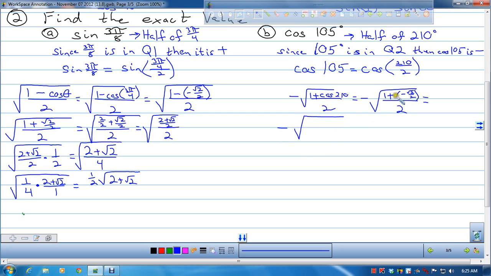Now I've got to combine my numerator. This would be 2 over 2, right? So it would end up being 2 minus root 2 over 2 when I get a common denominator, and all that's over 2.